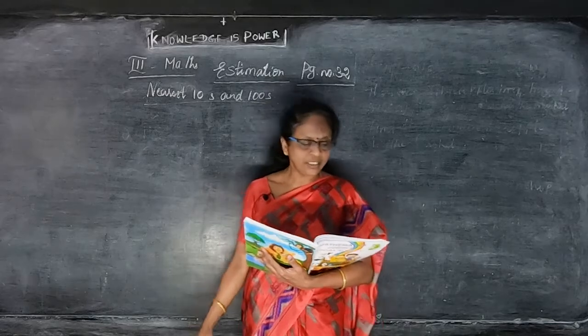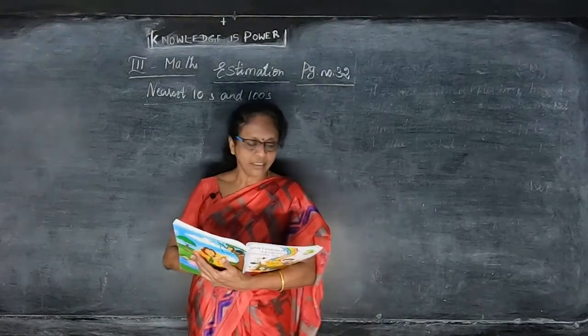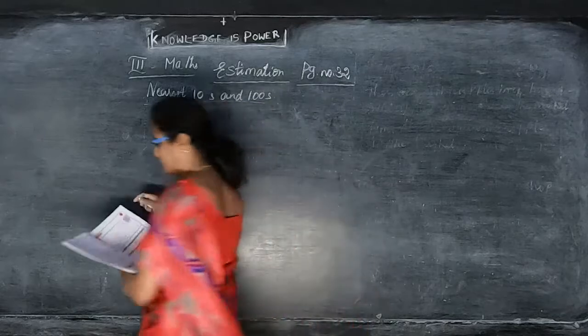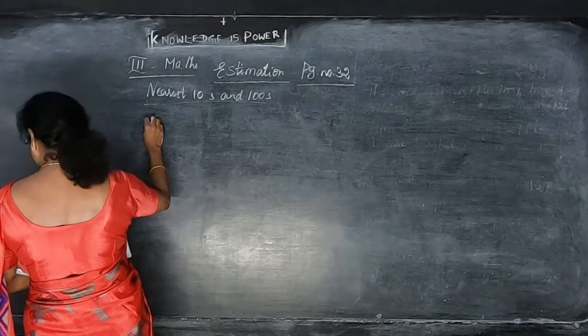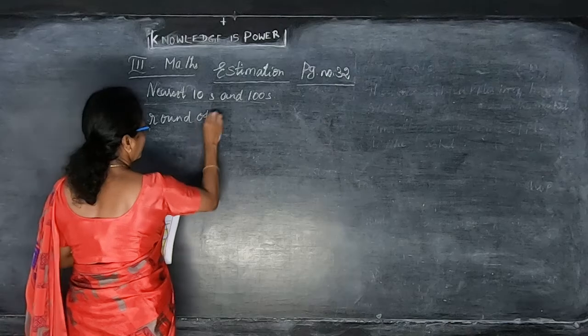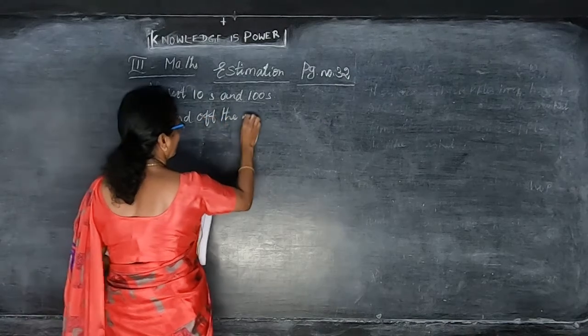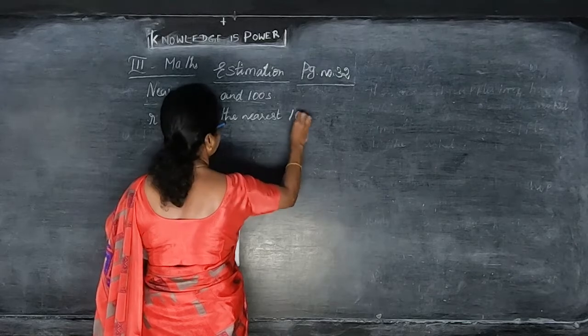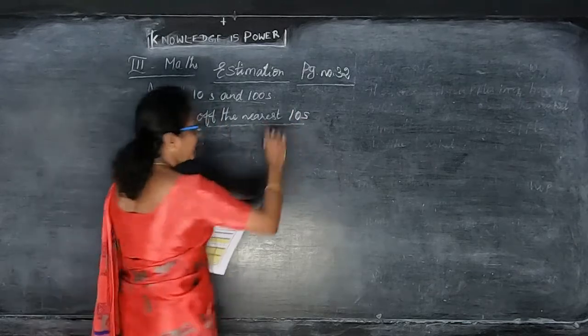Okay, so in this they have given the number line. Let us round off the three numbers 17, 24 and 25. They are given. How they will ask you, no, round off to the nearest tens. Round off the nearest tens.